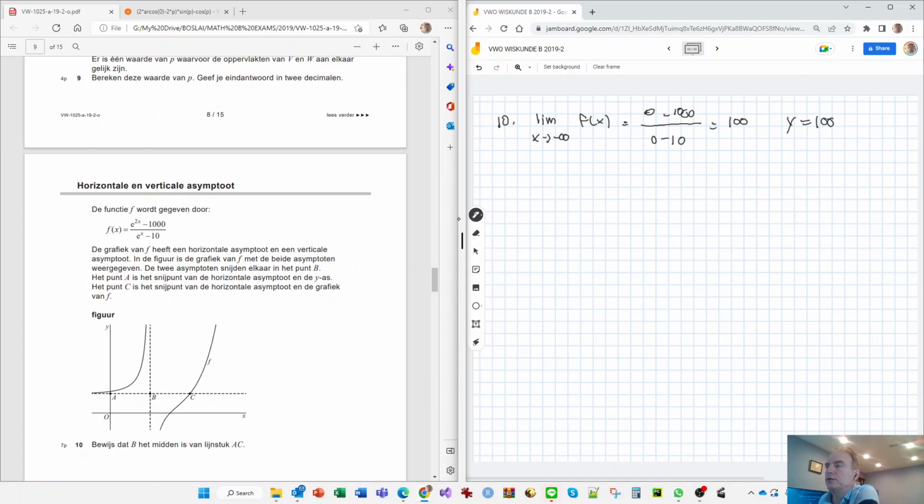Alright, so this is the h, the horizontal asymptote. Let's find the vertical. Well, there's a vertical asymptote if this denominator reaches 0. So when does it happen? e to the power x equals 10. So take the logarithm on both sides with base e, and you get x is log 10.